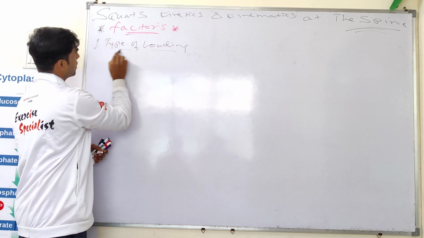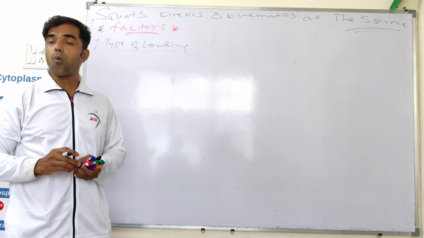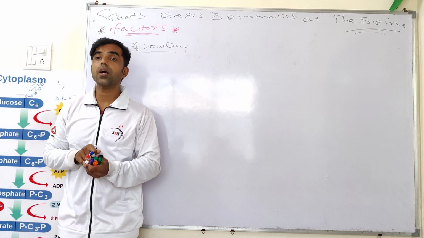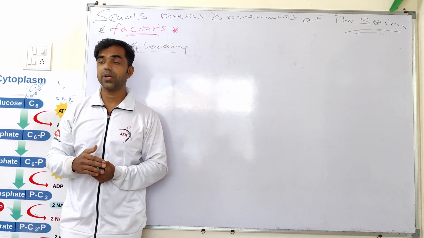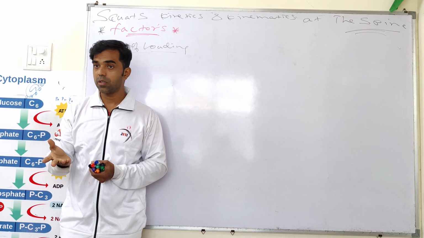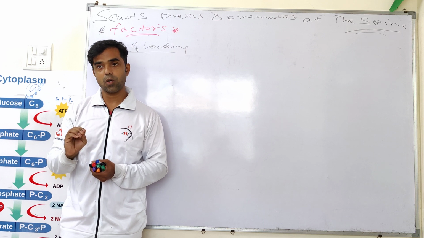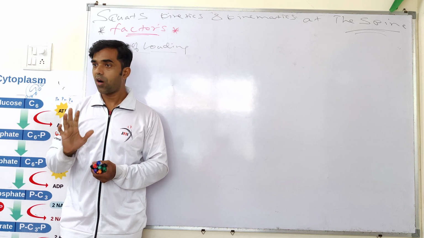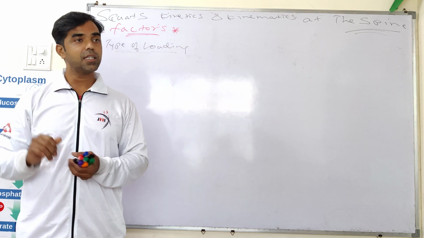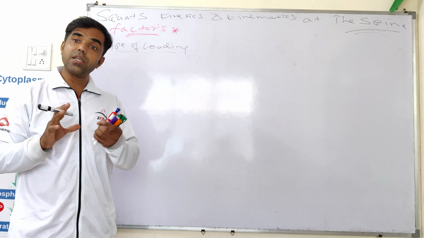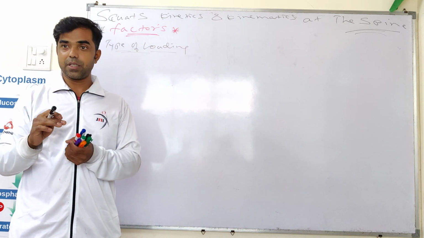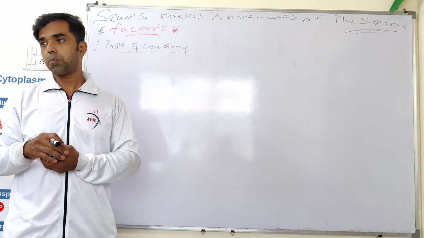You must understand what exercise of squatting you are applying to your client, whether it's an overhead squat, one leg squats, lunges or regular squats, right? So accordingly you will understand the forces, how they are acting onto the spine, right?